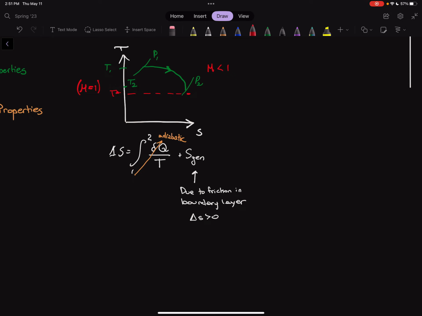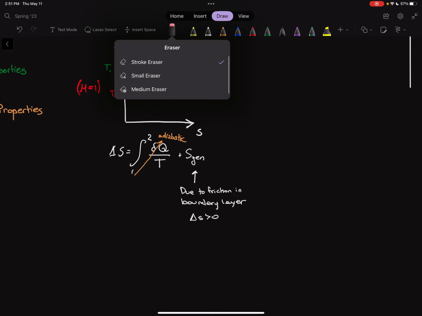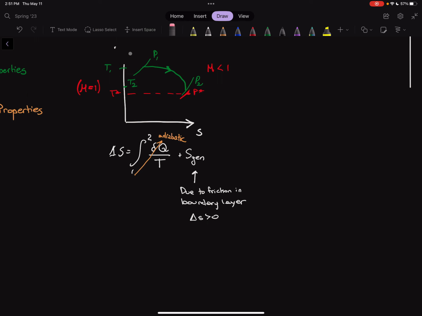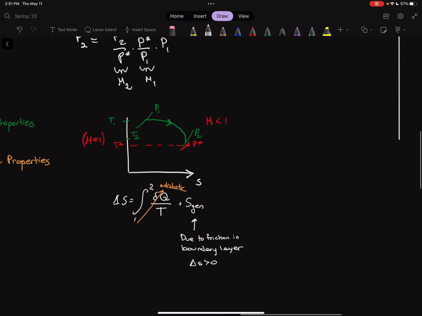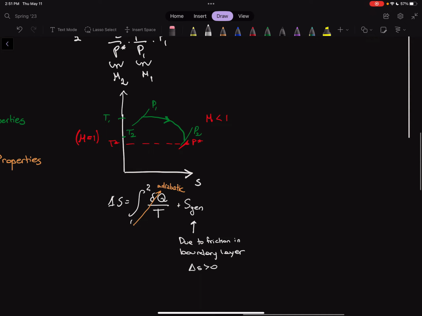Since it's adiabatic, the total temperature is constant. TT1, TT2, TT star, they are all equal. So I can draw a line here with TT. On this line, I would have PT1, sorry, that's the total pressure at point 1.